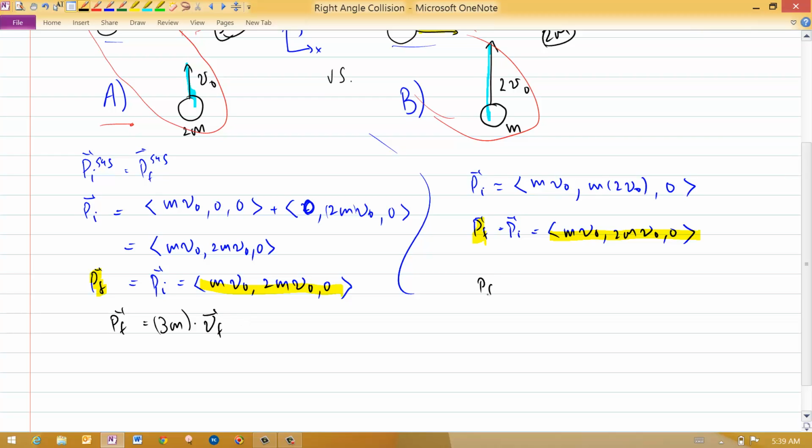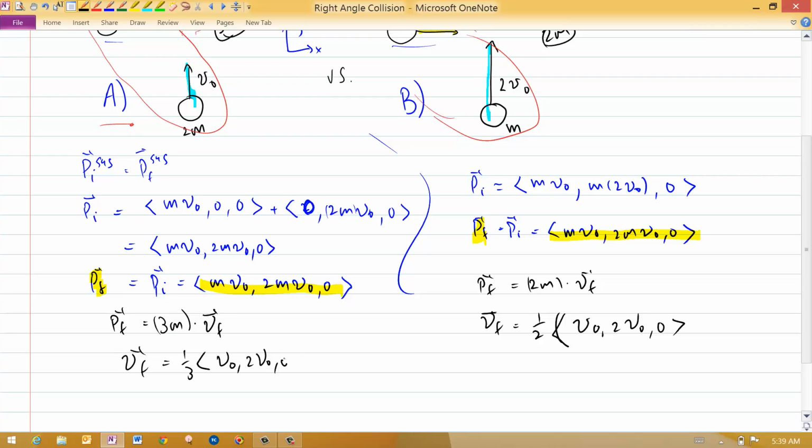Here, too, P final is the mass of the system times V final. So V final is 1 over 2, and I'll just divide out the m, v0, 2v0, 0. And here I'll have v final is equal to 1/3 v0, 2v0, 0. So even though they've got the same momentum, this one is going faster.